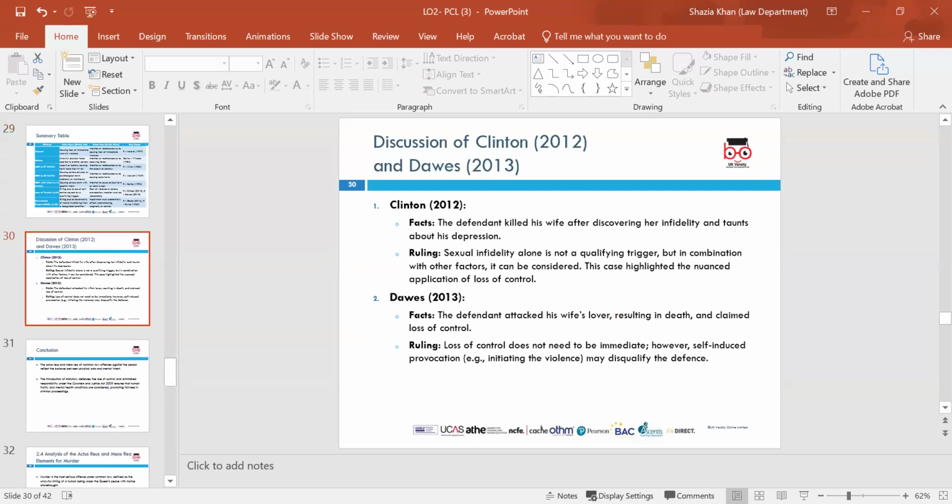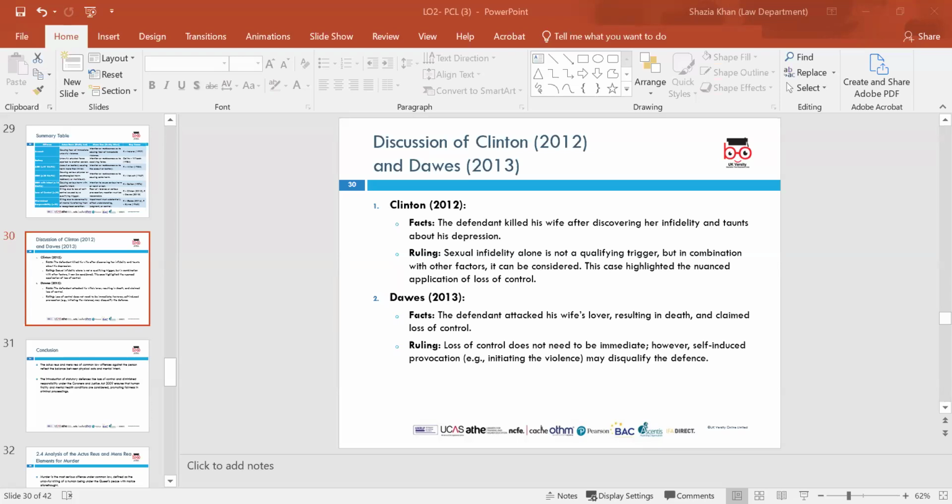Discussion of Clinton and Dawes. In Clinton 2012, the defendant killed his wife after discovering her infidelity and talked about his depression. The ruling was that sexual infidelity alone is not a qualifying trigger, but in combination with other factors it can be considered.